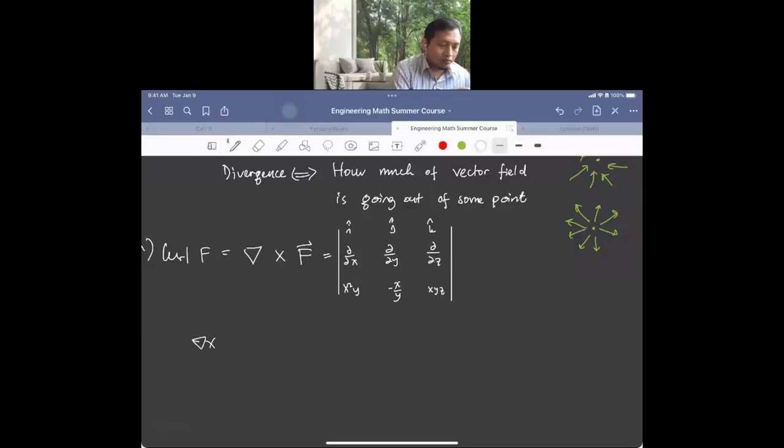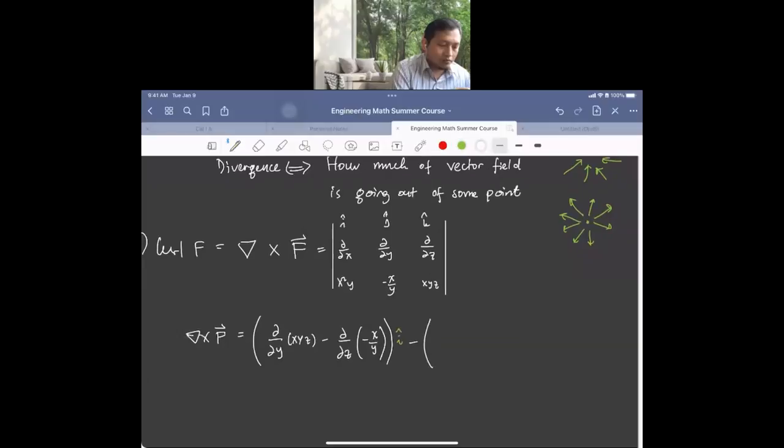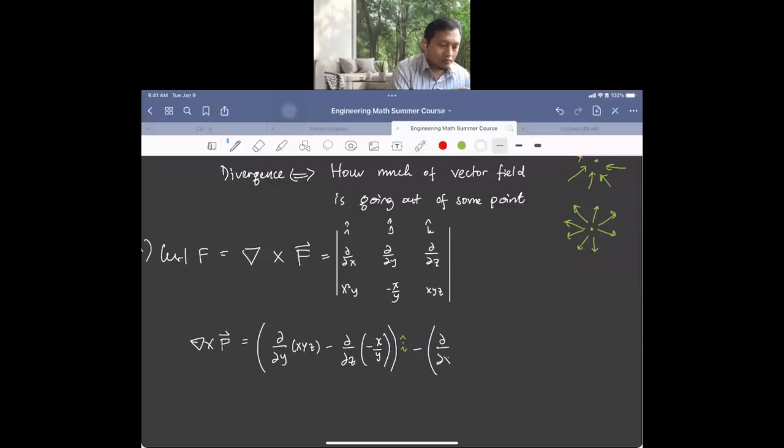The cross product is i times, minus partial x of xyz minus partial z of x squared y, this will be j.